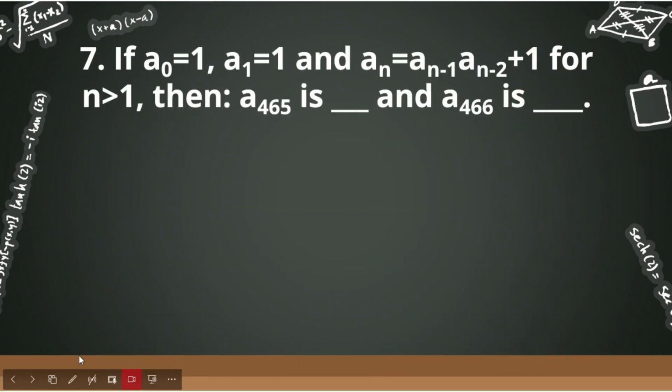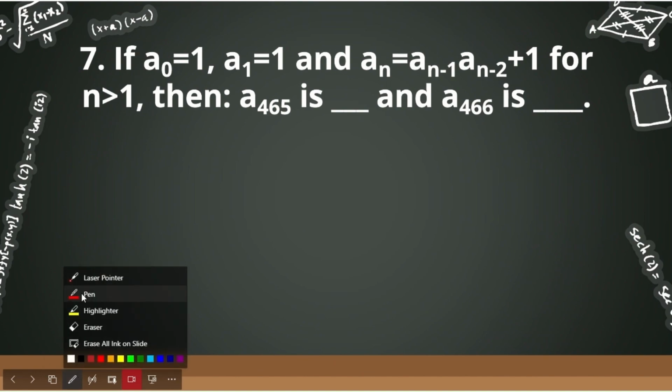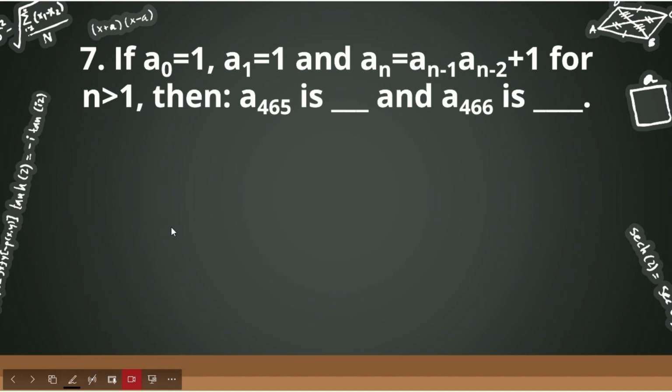Okay, so coming to question number 7, it says that a0 is equal to 1, a1 is equal to 1, and an is given to us as a(n-1) times a(n-2) plus 1.